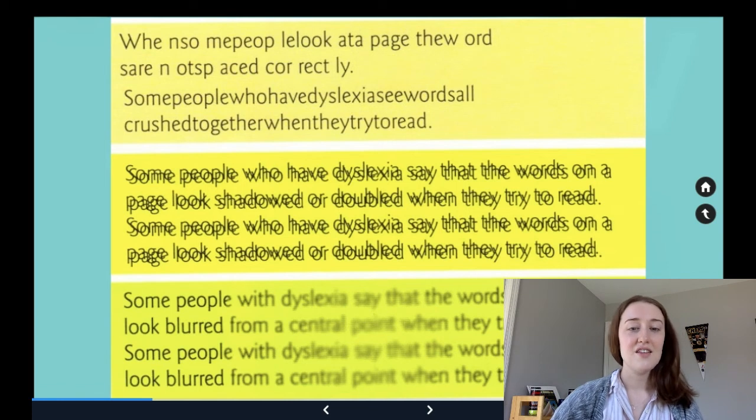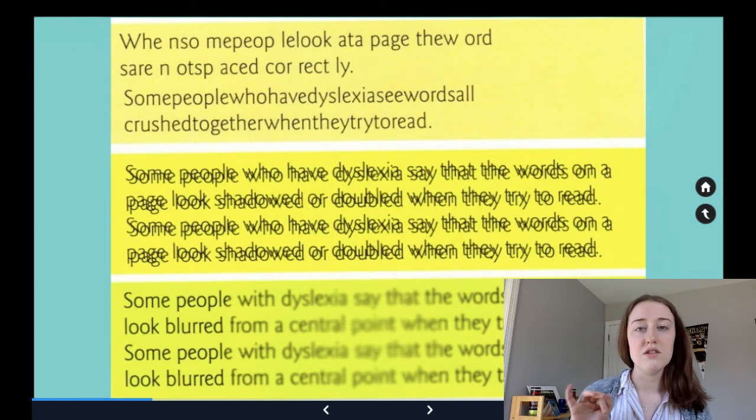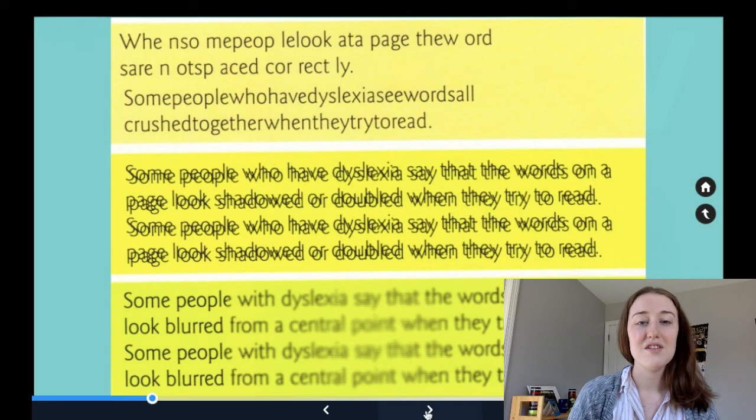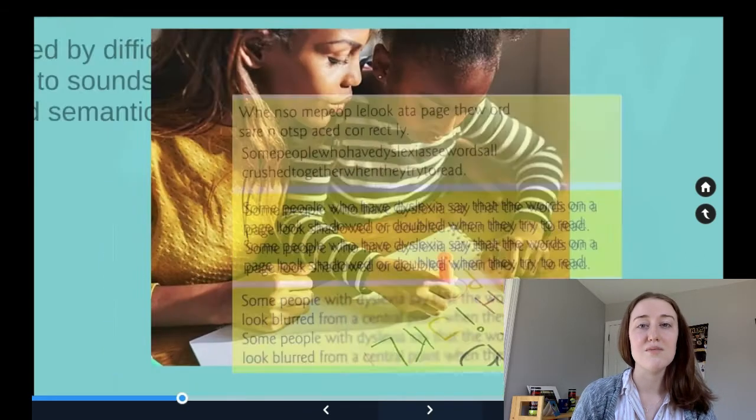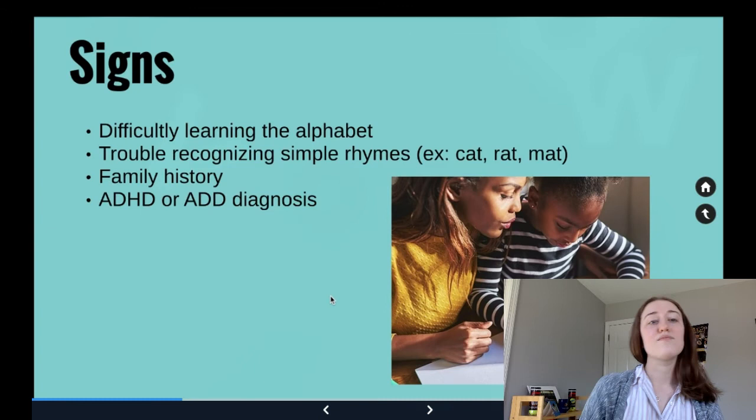And then this last one at the bottom here is the least common version. Some people say that they just see random blurry spots on the page, like polka dots almost. So, that's a little bit about what people with dyslexia might see as they're reading.